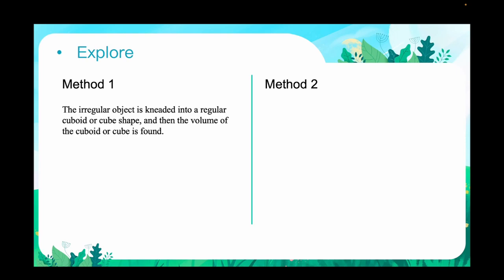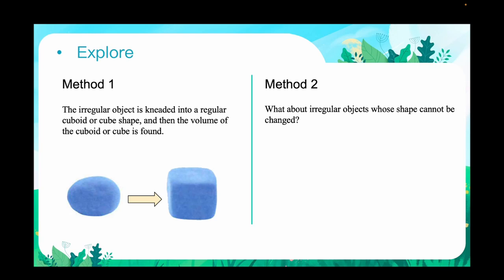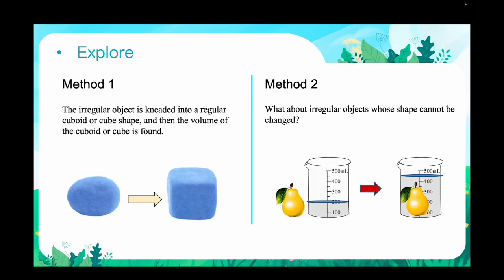The second stage is explore. Students think about how to calculate the volume of an irregular object, and students may transform irregular objects into regular objects for calculation, such as converting plasticine into a cube. But how do we calculate irregular objects whose shape cannot be changed? Inspired by the story of Cao Chong and the elephant, using the drainage method, the volume of the rising part of the water is the volume of the object.